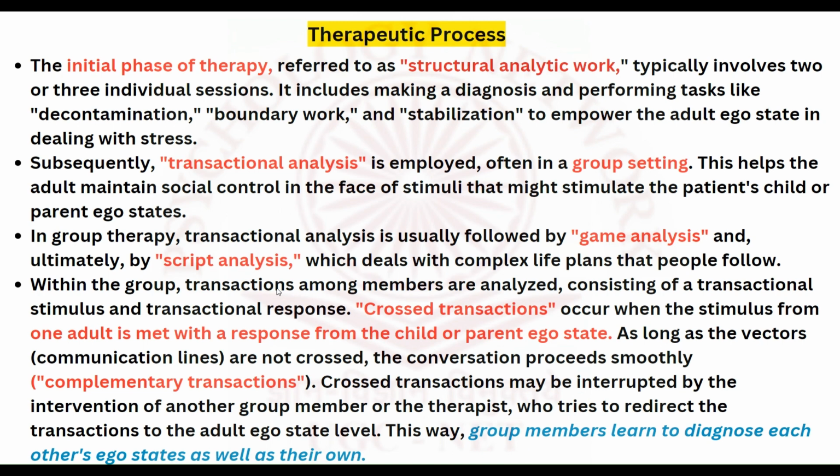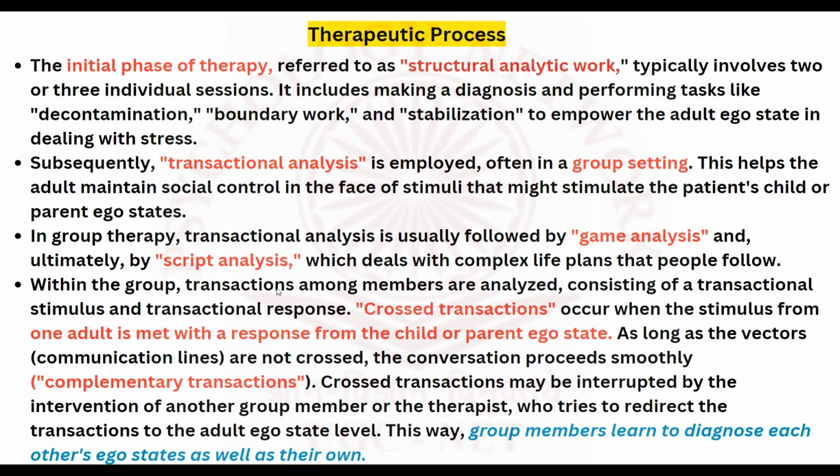Now, in the group setting, they can themselves understand how their ego states behave in the face of a stimulus. They get the insight for that, and also learn to diagnose each other. Not diagnose in the sense of diagnosing, but they can understand which ego state of the other person is working in the face of a particular kind of stimulus.